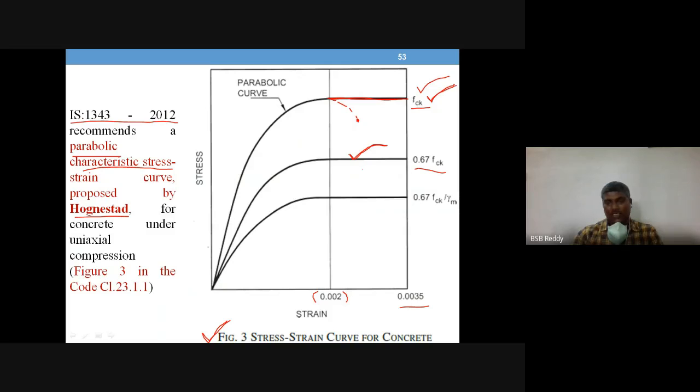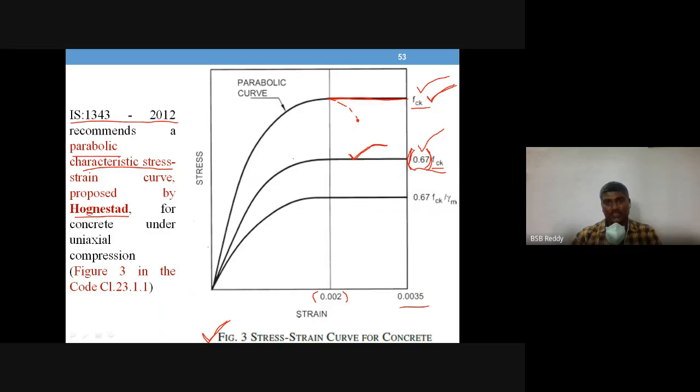So for concrete which is different from the 150 cube size, the size effect is studied, and a factor is multiplied with the characteristic strength to take care of that size effect of the concrete. Okay.